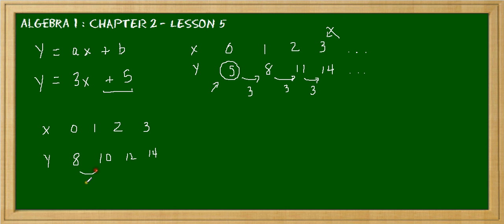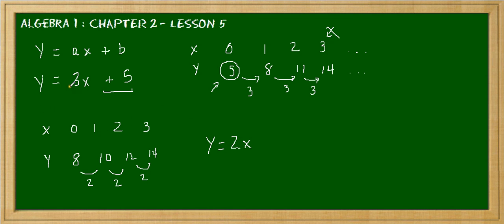Well, we see 2, and we see 2 again, and then we see 2. So the 3 is now a 2, which means that in the y equals ax plus b form, the 3 was the a. Now we have a 2, so we can go ahead and write y is equal to 2x.